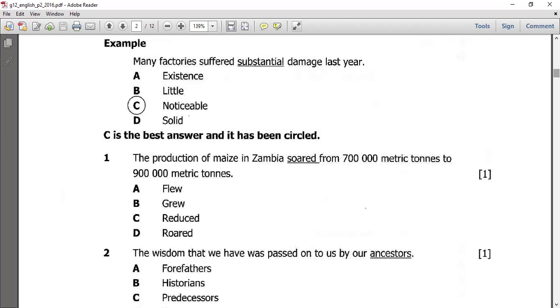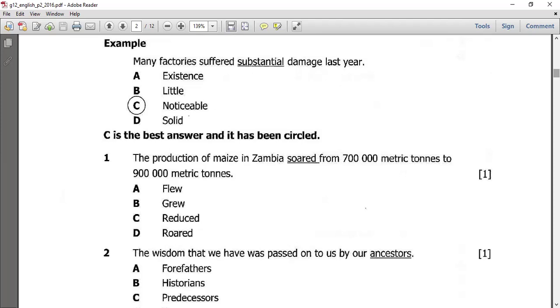When you look at the two numbers, 700,000 and 900,000, it means there was growth and not reduction. Flew means something was thrown out. So the correct answer there is grew.